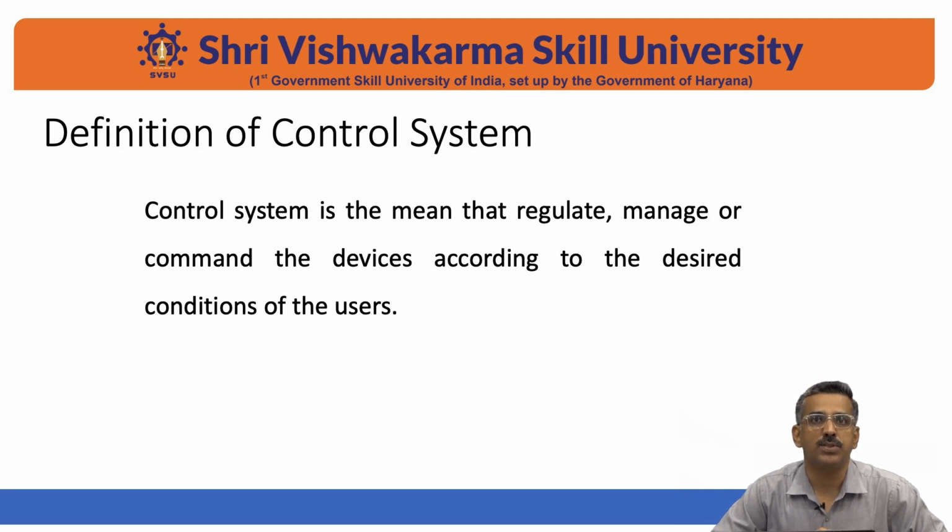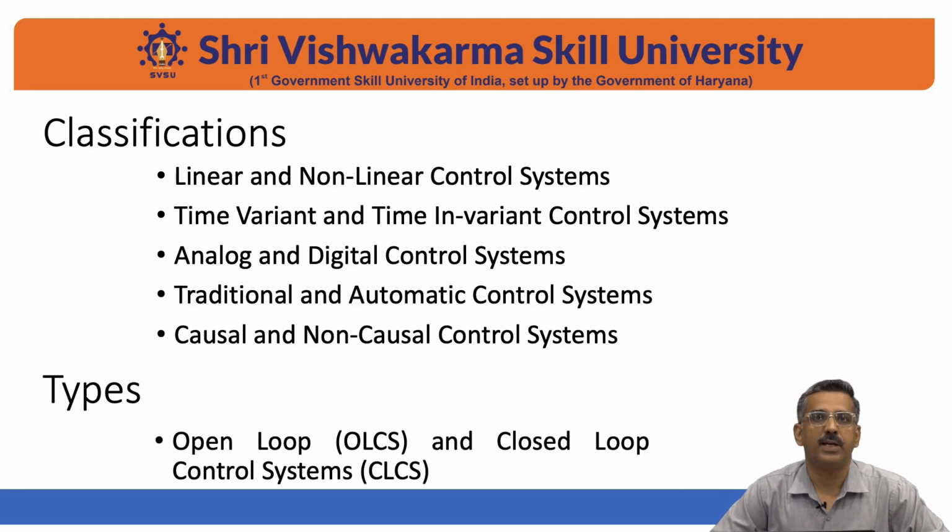The control systems are classified into a number of categories on the basis of the principle of superposition or the linearity. We may call a control system a linear control system or non-linear control system. On the basis of the variation of the time, we can classify the control system as a time variant control system and time invariant control system.